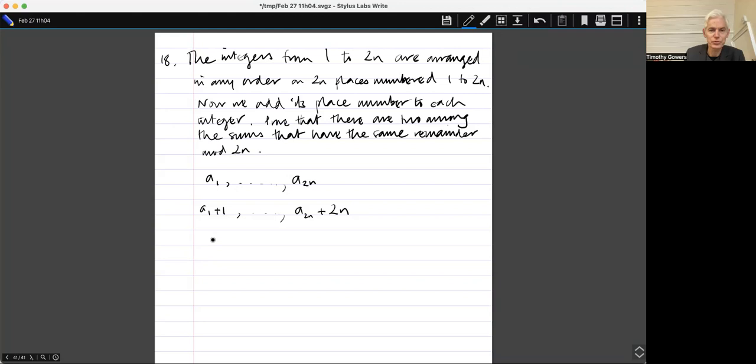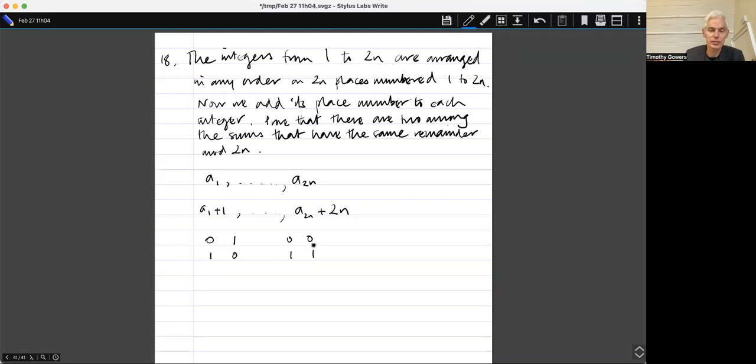When n equals 2, maybe it'd be slightly more convenient to make it 0 and 1. So I'm working mod 2, so 0 and 1. If I add the place numbers, I get 0 and 0. If I started with 1, 0, and I add the place numbers, then I get 1, 1. So that's place number 0, and that's place number 1.